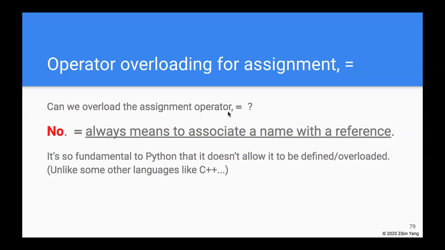It is so fundamental to how Python works that Python does not allow it to be redefined or overloaded. That is in contrast to some other languages such as C++, where you can actually overload the assignment operator, but not in Python.